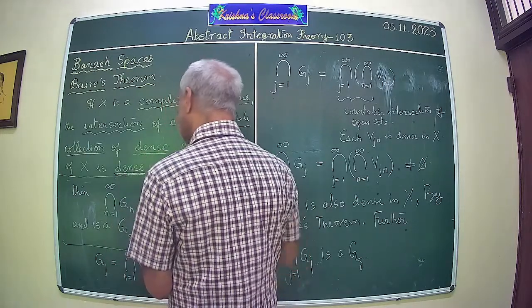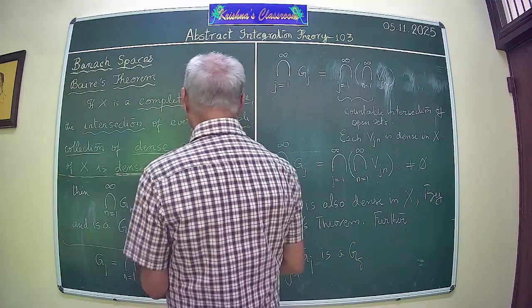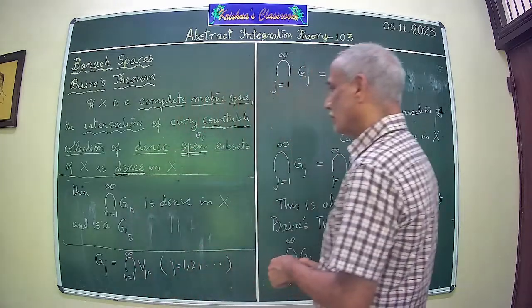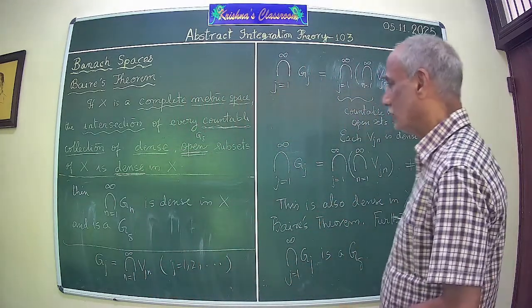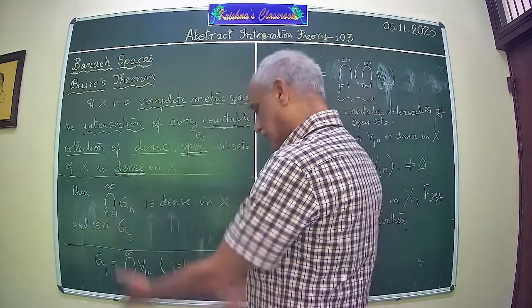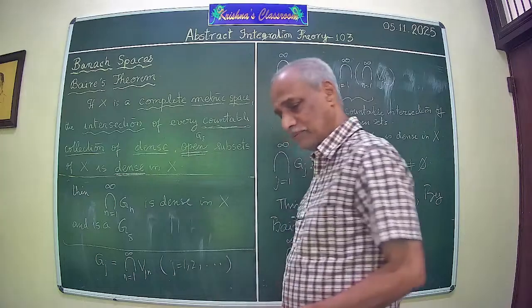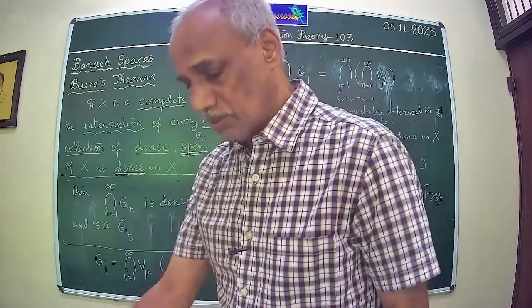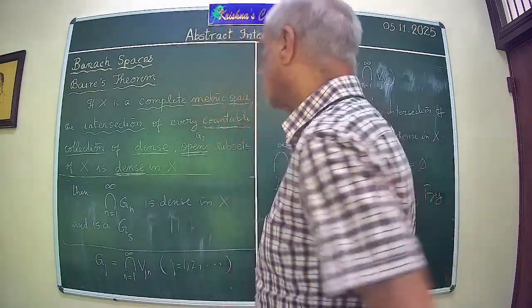Okay, right? And then you can write the same thing, and the resulting intersection is also a G delta. So that completes the proof of that.